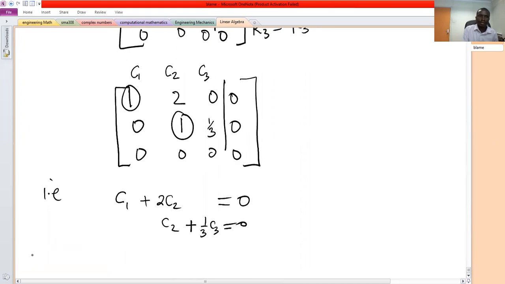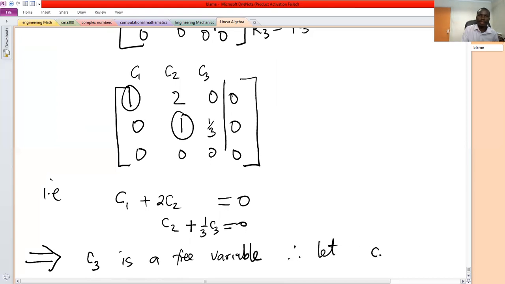Now this means C3 is a free variable, so it can take on any value. Therefore, let C3 to be t, where t is any real parameter.